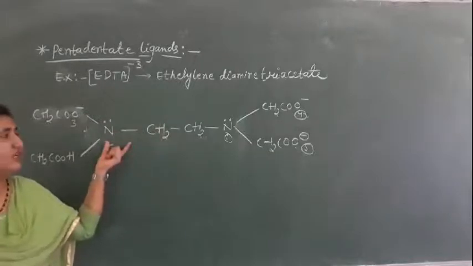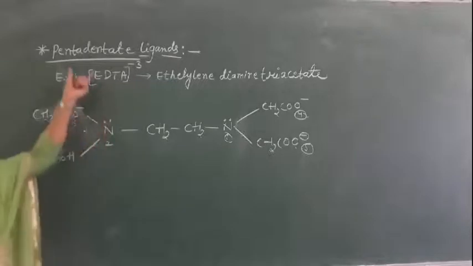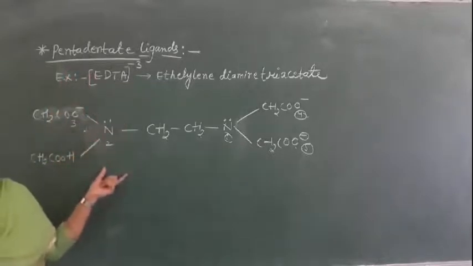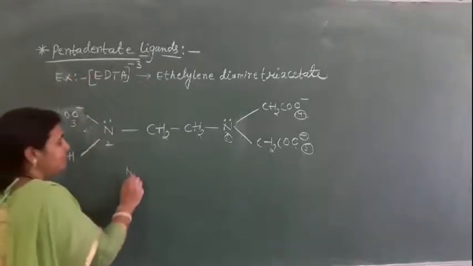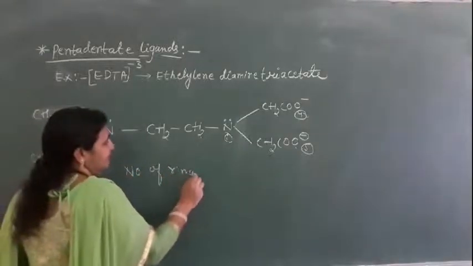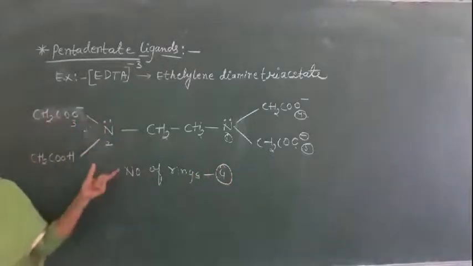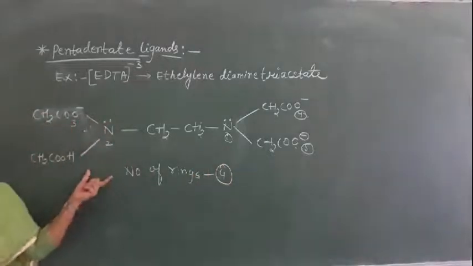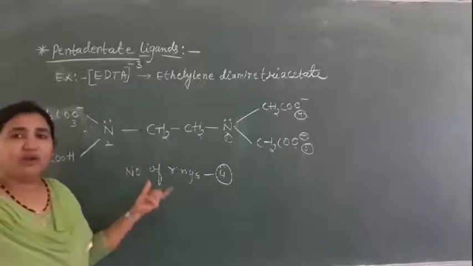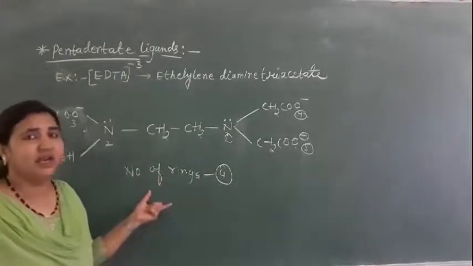This is a negative ligand. So pentadentate ligand means the number of rings formed will be how much here? 4 here. Pentadentate ligand, EDTA example, it is a negative ligand. Here neutral ligands are not there, only negative ligands will be there for this pentadentate ligand, EDTA, okay.